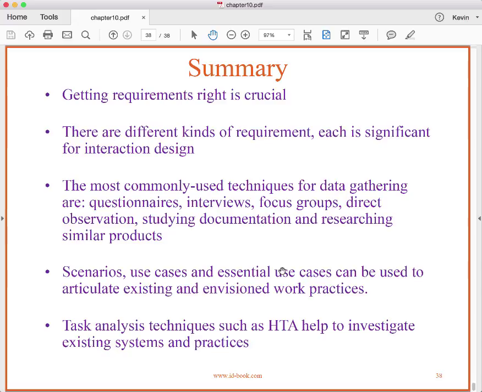Now, do we have to do all this ourselves? Well, if we're working on a project all by ourselves, I guess we do. We're going to have to make sure that we understand the requirements before we do the interaction design.